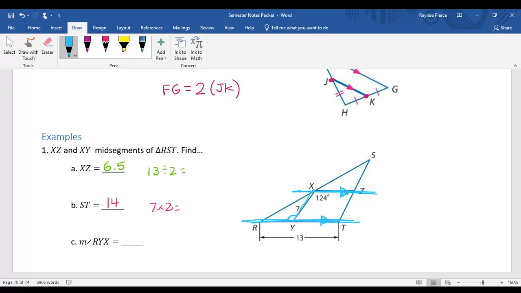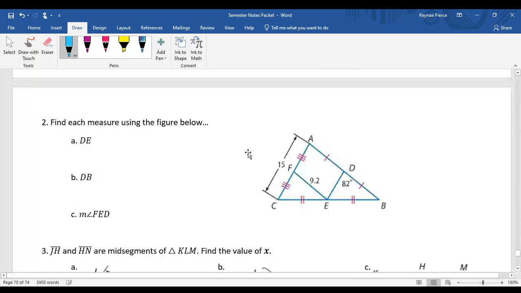I want you to think of alternate interior angles. So if we look at this set of parallel lines with this transversal, angle RYX and YXZ here are alternate interior angles, which means they are congruent. So RYX is 124 degrees also.